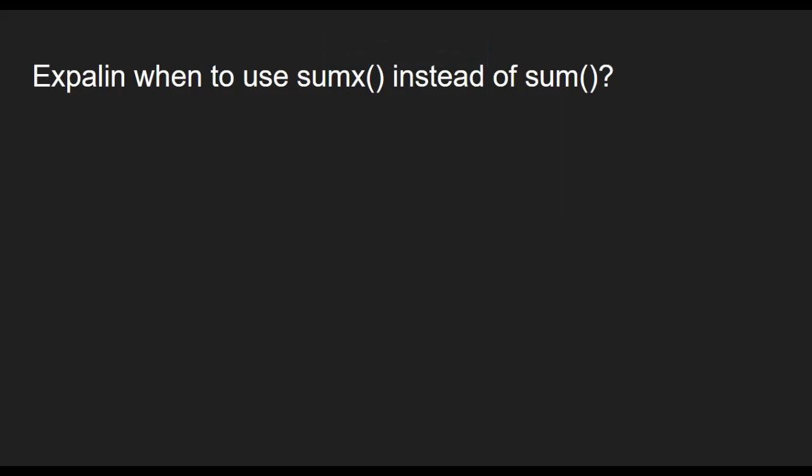In this video, let us see some of the DAX interview questions. So first question, explain when to use SUMX instead of SUM. So when the expressions to SUM consist of anything else than a column name, typically when you want to add or multiply the values in different columns.